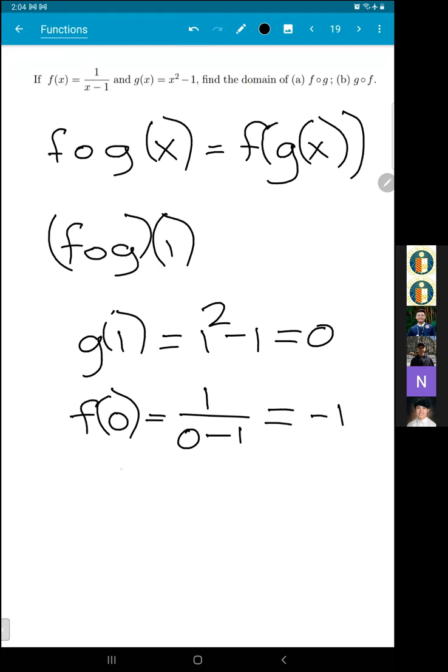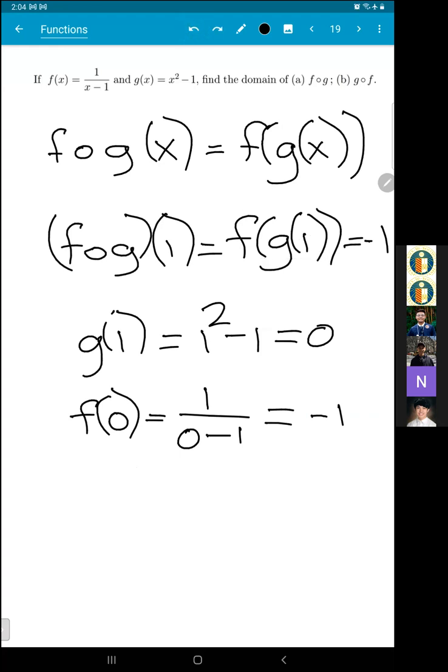So that's f of g of 1. Evaluate g of 1 first, then substitute the result into f.